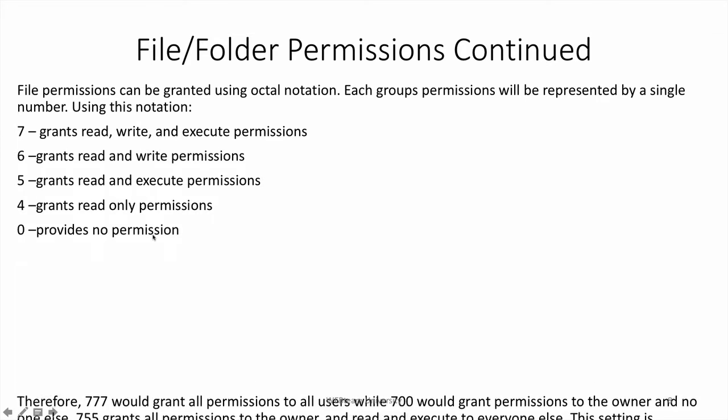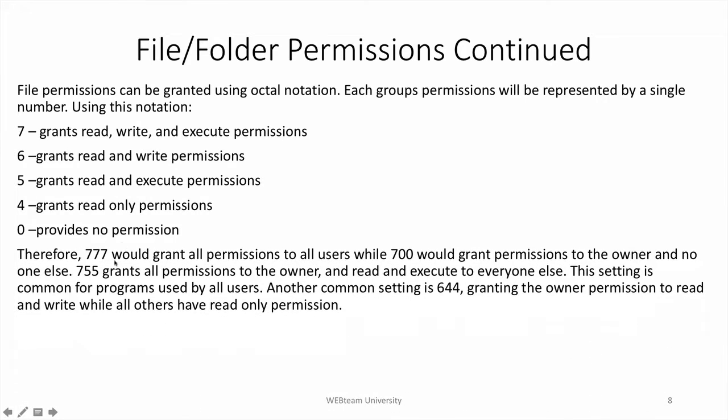So if we have 777, that's going to grant all 3 groups read, write, and execute permissions. If we were using 700, that's going to grant the owner full permission and no permissions to anyone else.